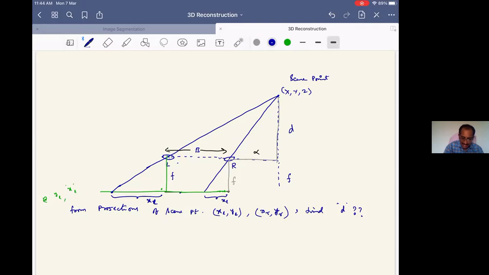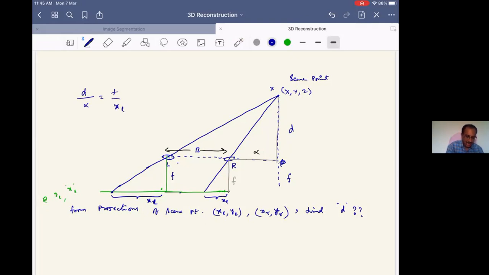So first let us consider the similar triangles, denoted by R, C, X, and then O, for example, or some P. This triangle and this triangle are similar because they have the same angles here. So we can write D by alpha is equal to F by XL.